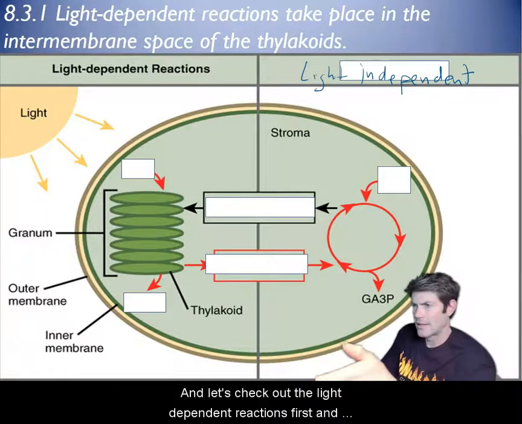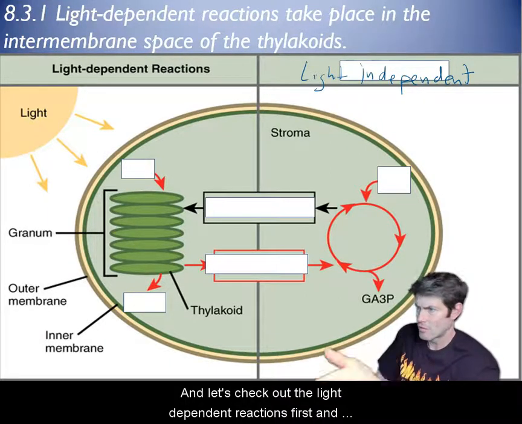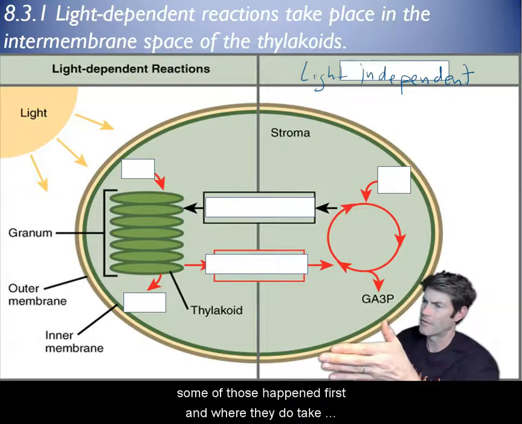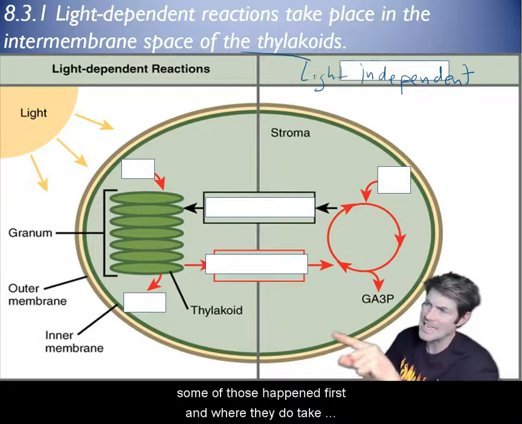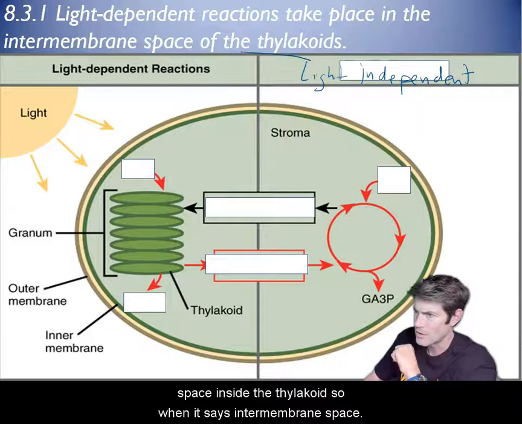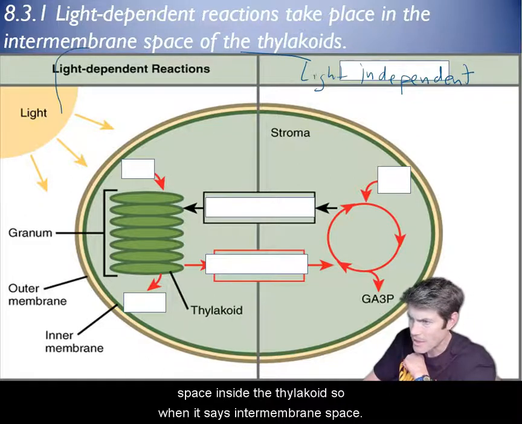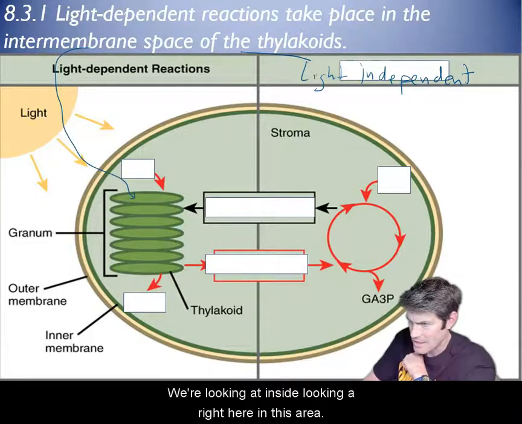And let's check out the light dependent reactions first, since those happen first. And remember, they do take place inside these thylakoids. So when it says intermembrane space, we're looking at inside, right here in this area.